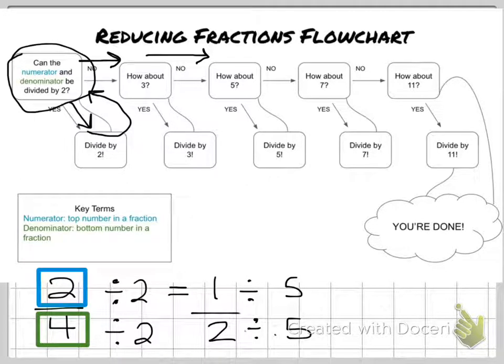1 is not divisible by 5. 2 is not divisible by 5. So I am done with that one. And now I'm going to go on to 7. 1 is not divisible by 7. 2 is not divisible by 7. So I am done with 7.